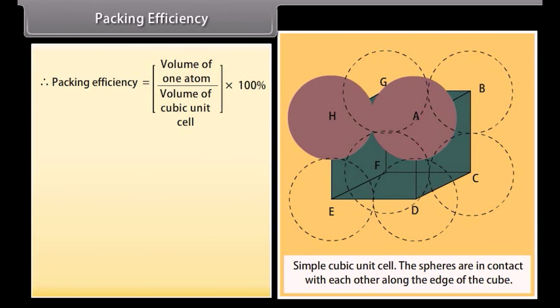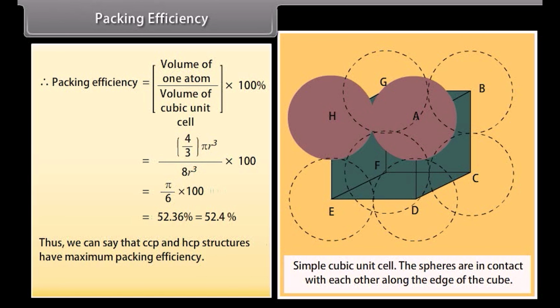Therefore, packing efficiency is equal to volume of 1 atom upon volume of cubic unit cell × 100%, which is 4/3 πr³ upon 8r³ × 100, equal to π/6 × 100, which equals 52.36%, or about 52.4%. Thus, we can say that CCP and HCP structures have maximum packing efficiency.